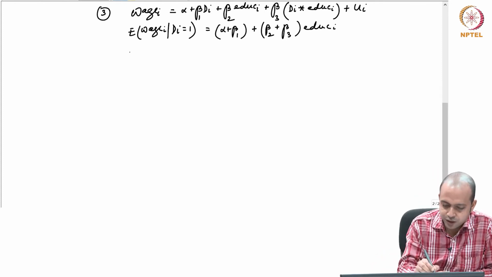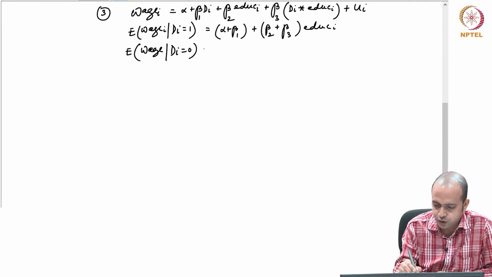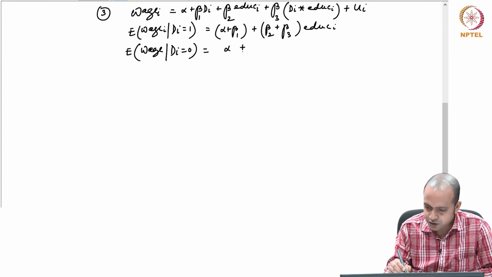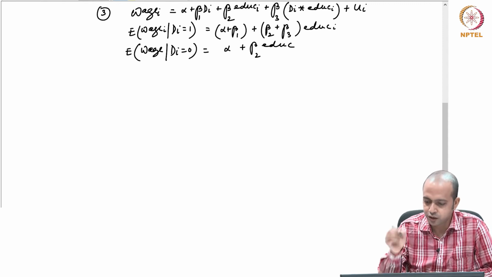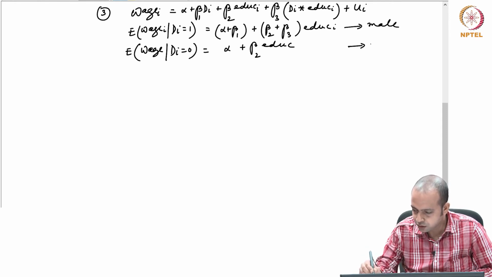And if you take the expectation of wage given di equals 0, you will get alpha plus beta 2 education, and this is for male and this is for female.